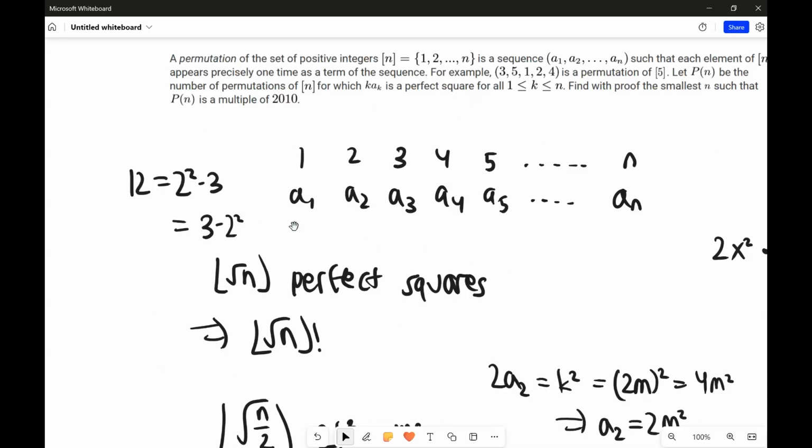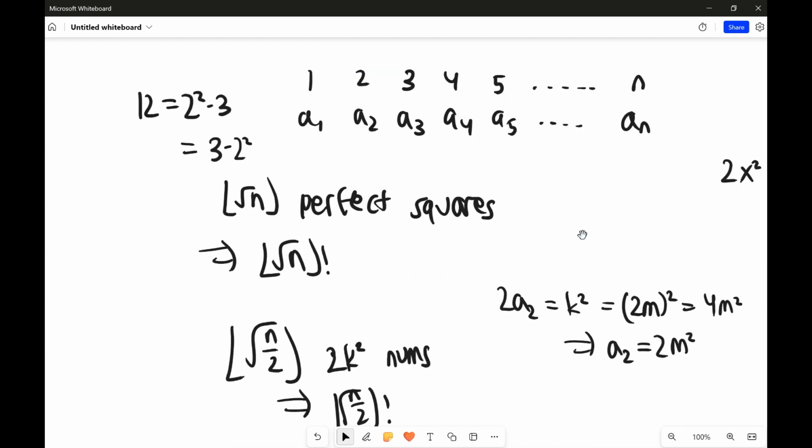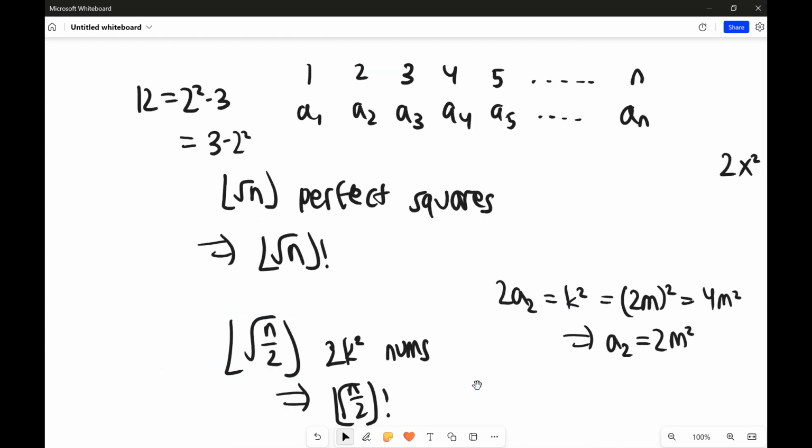So how do we exclude all the numbers like 12? We need to ensure that the number that we divide by is square free, meaning that it is not divisible by a perfect square. If it were divisible by a perfect square, we could just get rid of that perfect square factor and reduce it to a square free number, because the perfect square part is dealt with as we demonstrated.